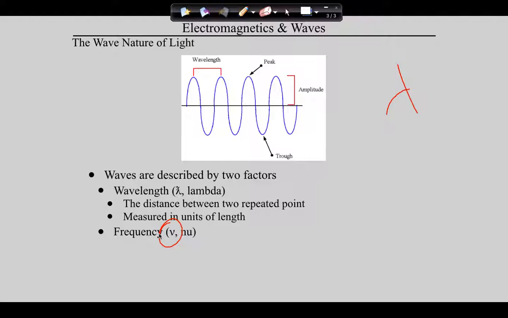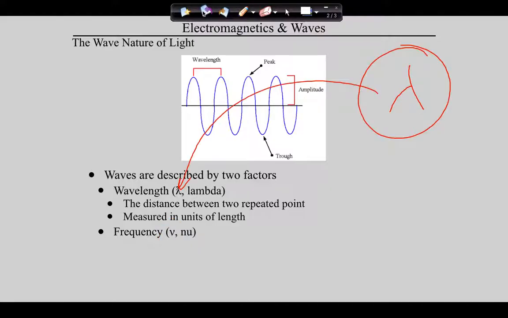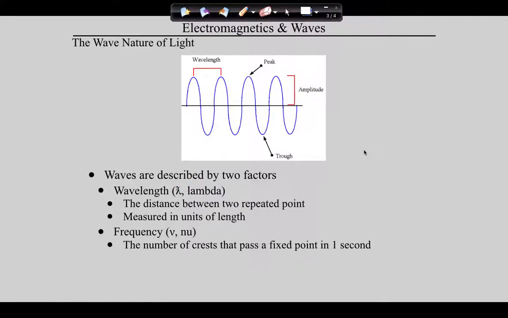Okay, so guys, you already know this, but let's talk. What is frequency? Frequency is the number of crests, the number of repeated points, however you want to think about it, that pass a fixed point in 1 second.